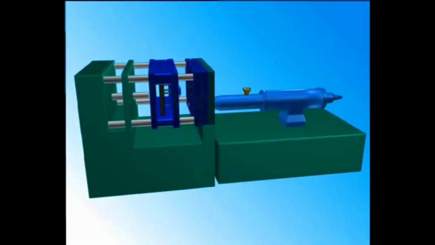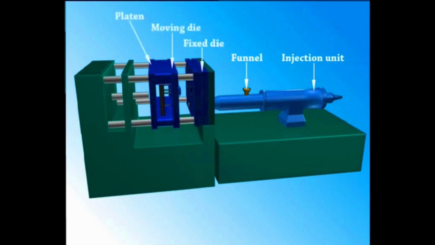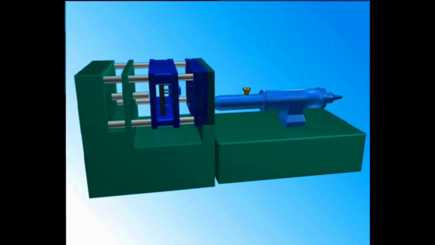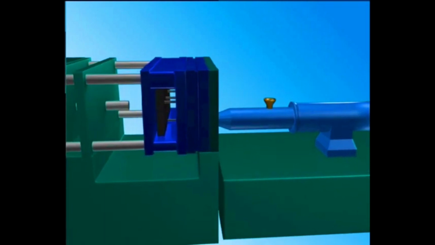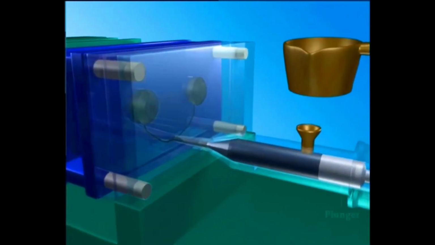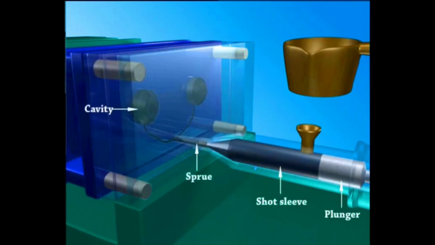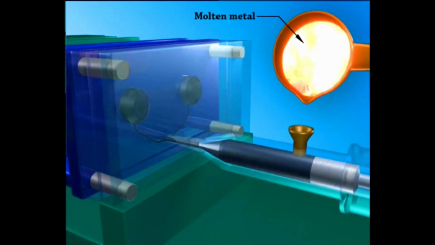Cold chamber die casting. Let us see a 3D model of a cold chamber die casting machine. A simple cold chamber die casting machine has injection unit, funnel, fixed die, moving die, platen, tie bar, plunger, short sleeve, spur, cavity, gate, and molten metal.